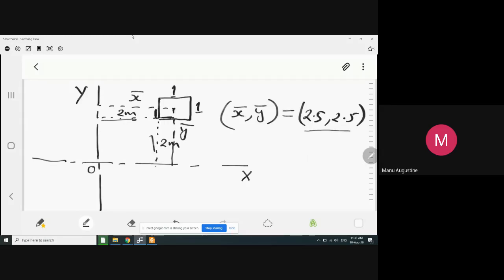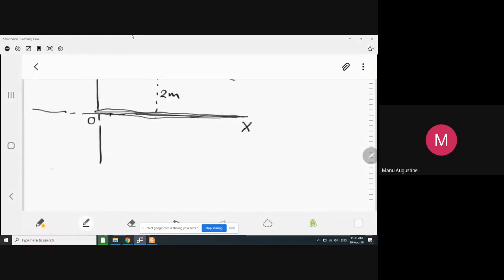Now I want to find out what is the moment of this area. This complete area is given, and now I want to find out the moment of this area about the x-axis. So according to the definition of moment, I will simply write it for you.